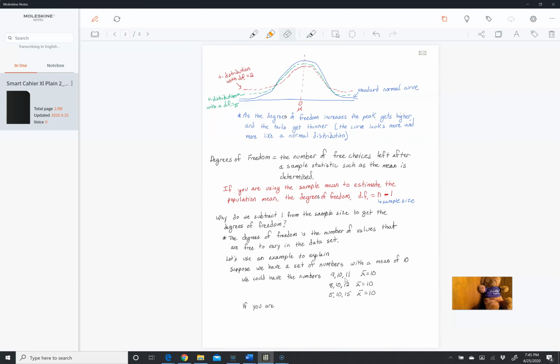Saying three numbers with an X bar of 10, once you choose the first two, there is no choice for the third.